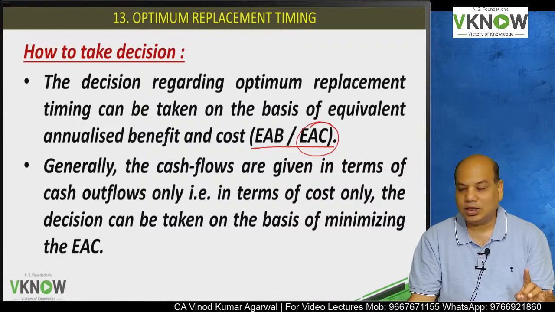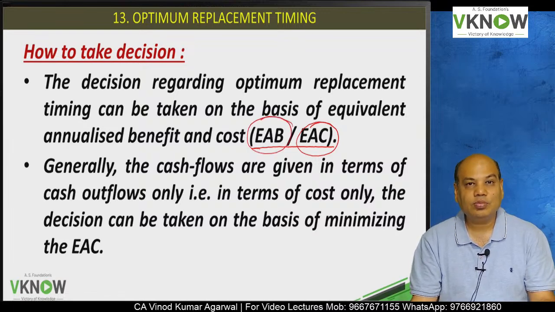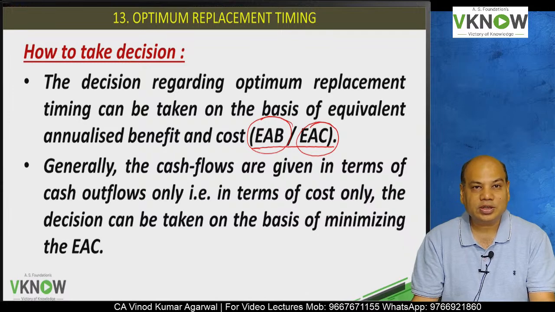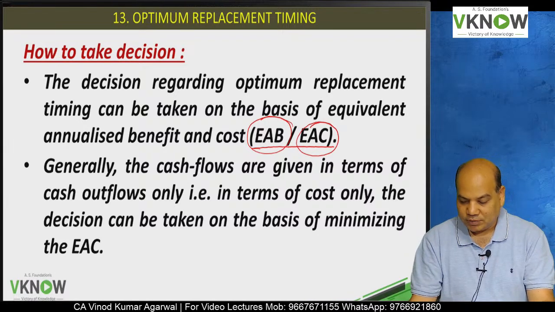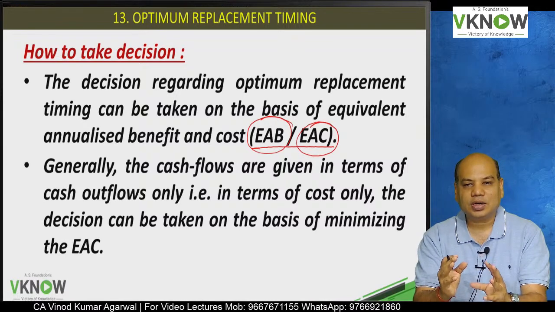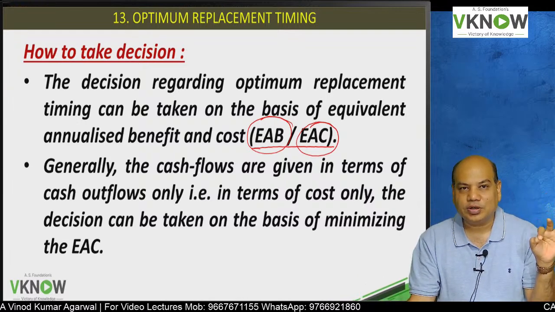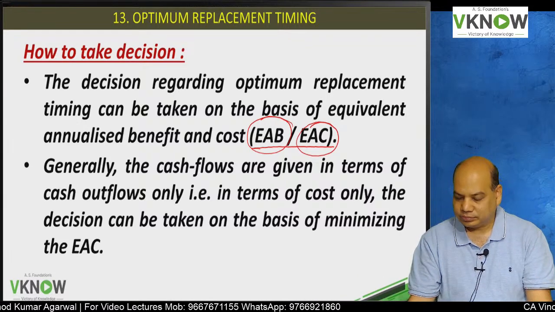Yes, if it is an EAB problem, a benefit maximization problem, where the revenue model is also given, then in that case we will choose the option which has higher EAB. Treat it like you are comparing assets with different lives. If you can just visualize that point, my job is done.